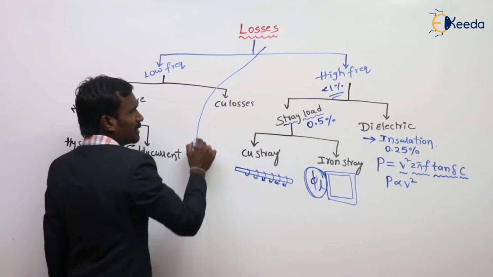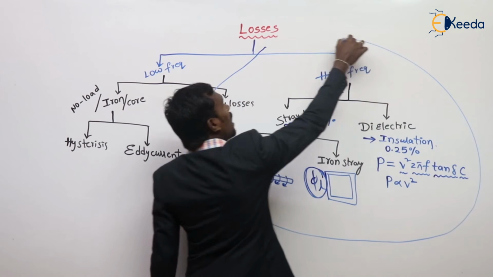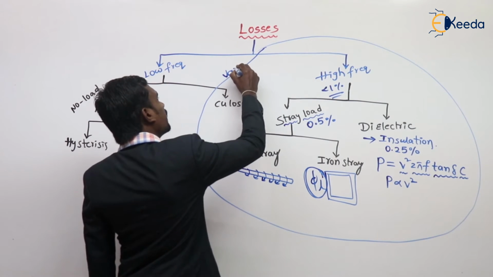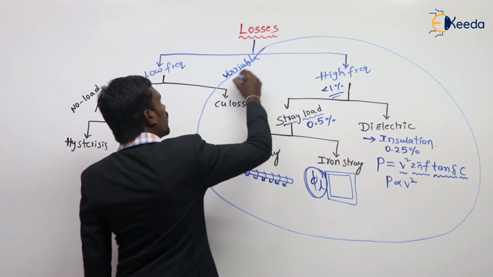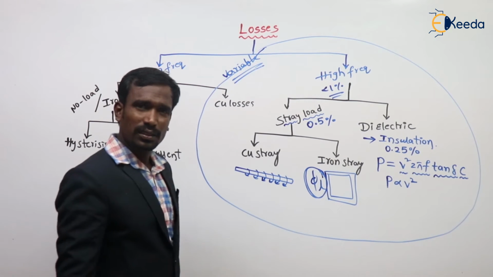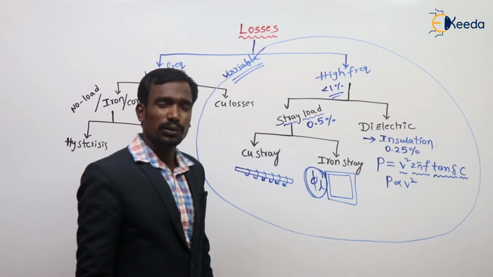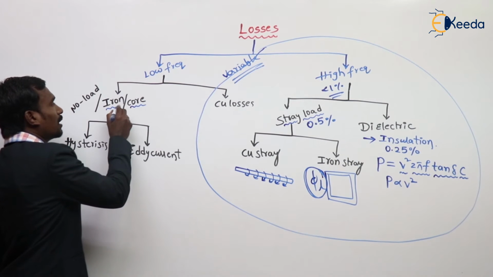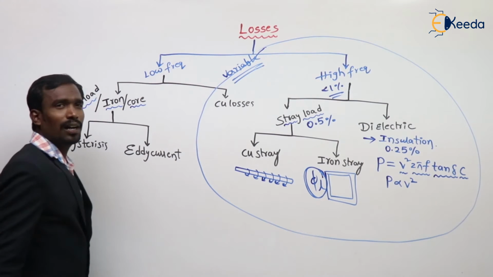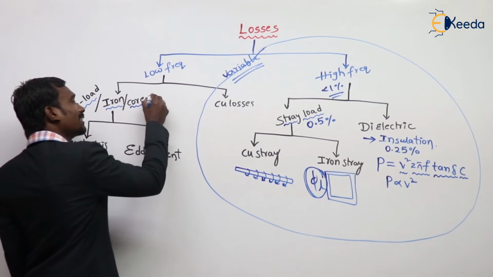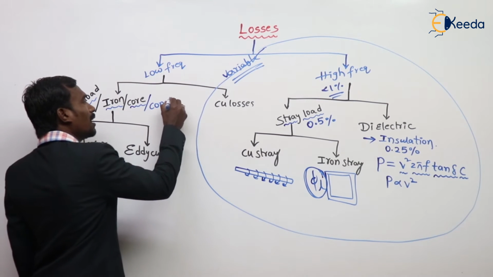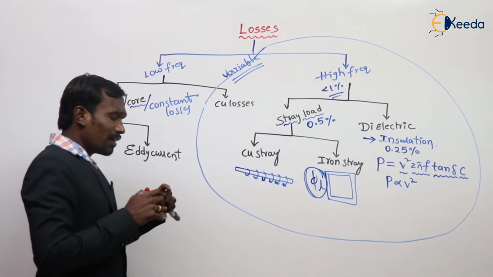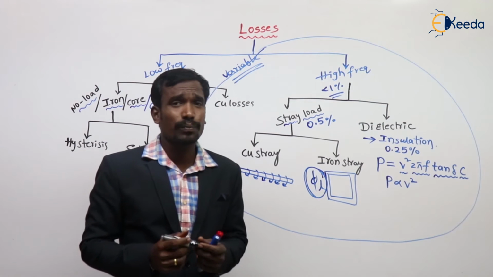These copper losses, stray load losses and dielectric losses, these all are the variable losses. They change with respect to load. But these iron losses, core losses or no load losses are constant losses, because these are independent of load.